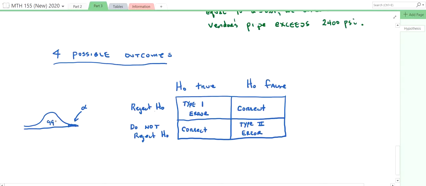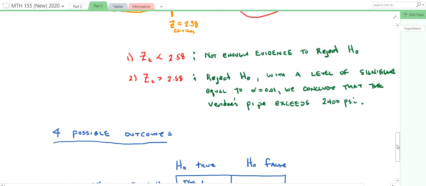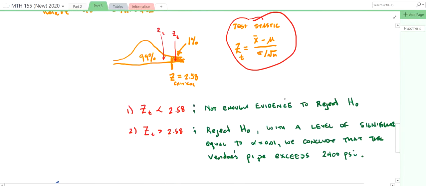Recall here, if we wanted to be 99% confident, so we had a level of significance of alpha equals 0.01 or 1%, then if we end up with our z-score over here in the critical region, which I'm going to make blue right now, this is the critical region.